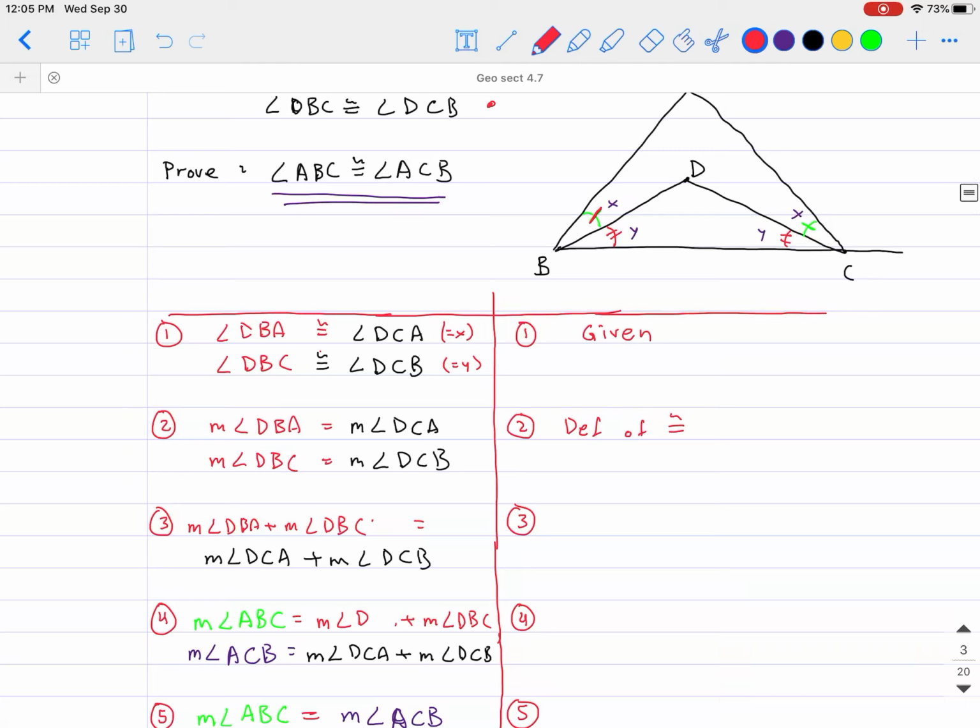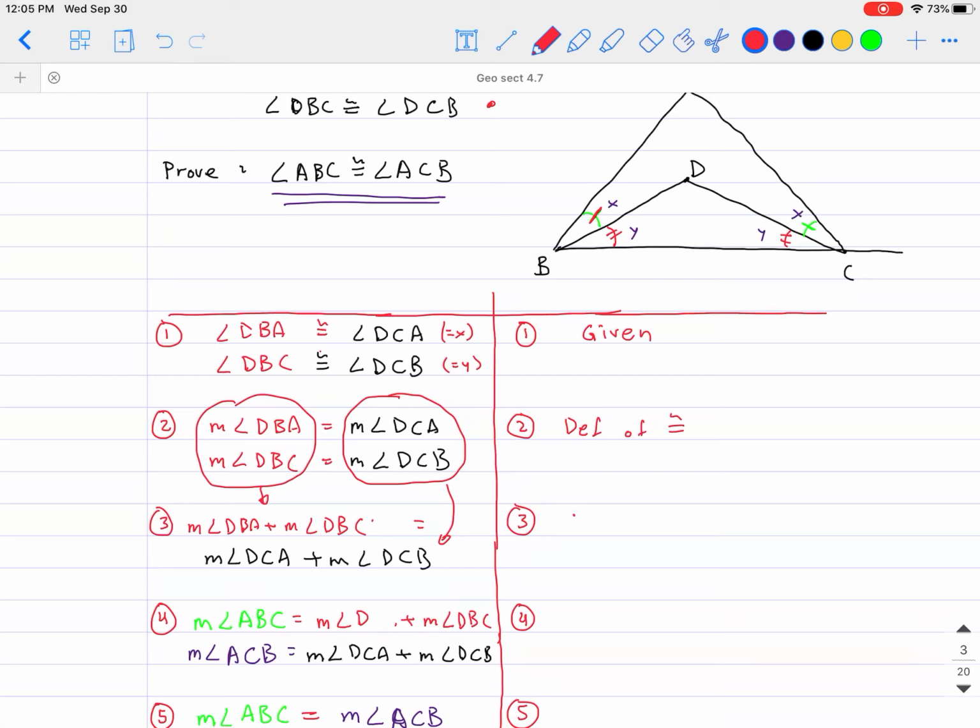Now, if you look at the order, DBA and DBC, that's the stuff that's in the red right there, right? You can add those two together to get this guy right here. And then this right here, you can see that DCA plus DCB, we are going to have this guy over here on the bottom. So what that means is we're adding a consistent amount to both sides, because the top equation is the same and the second equation is the same, so we can add them together.